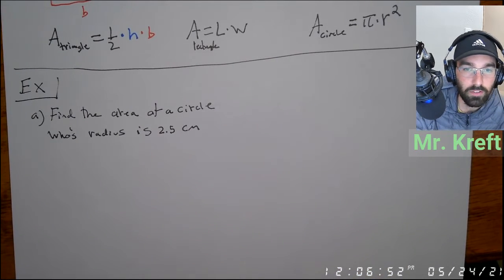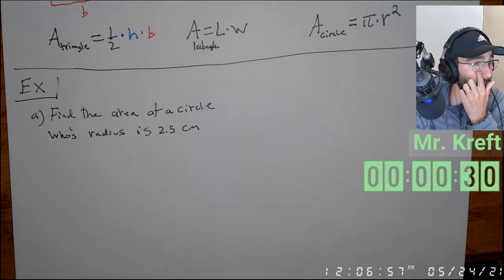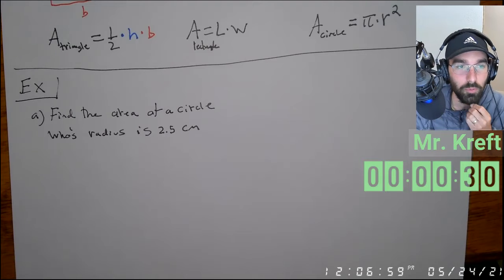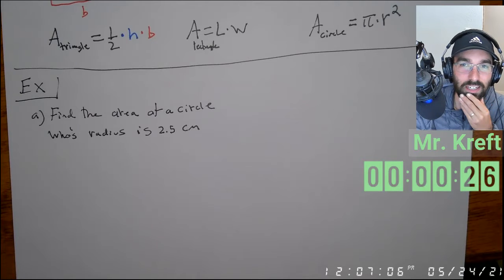I don't think we need a minute to do this, so take 30 seconds and find the area of a circle with a radius of 2.5 centimeters. Where you are going to make mistakes is the units, so be careful on the units.